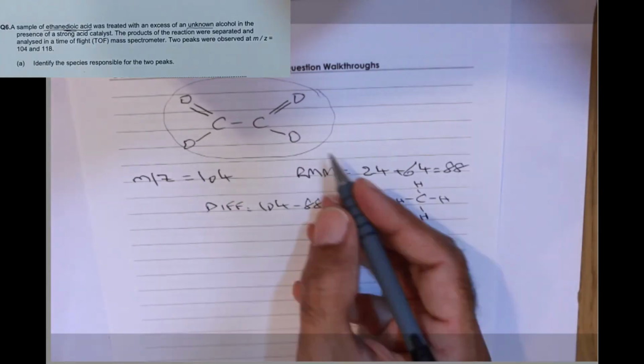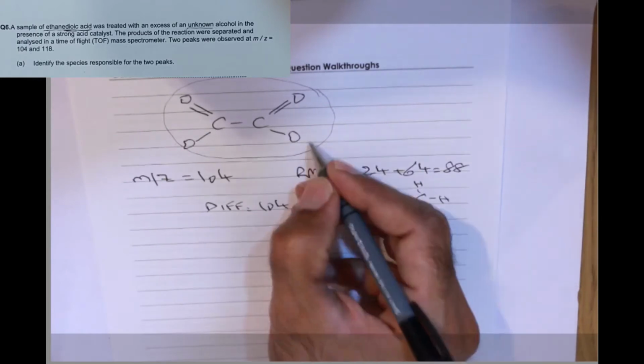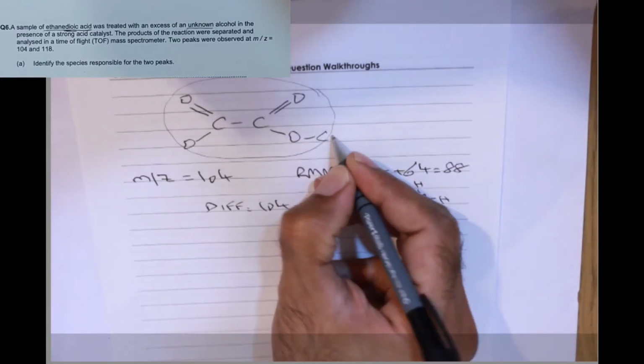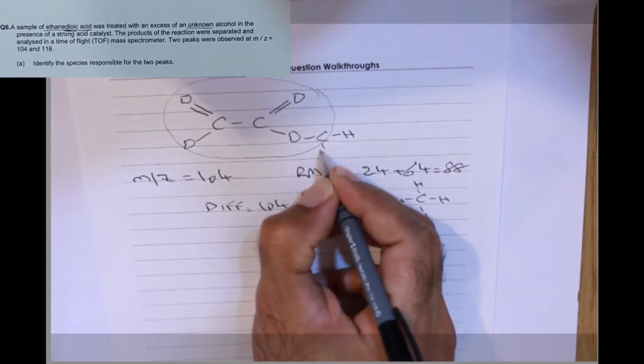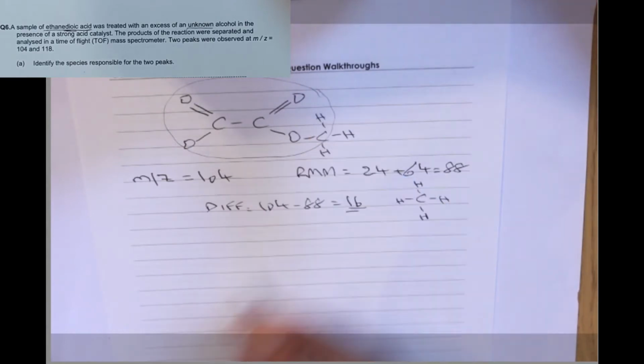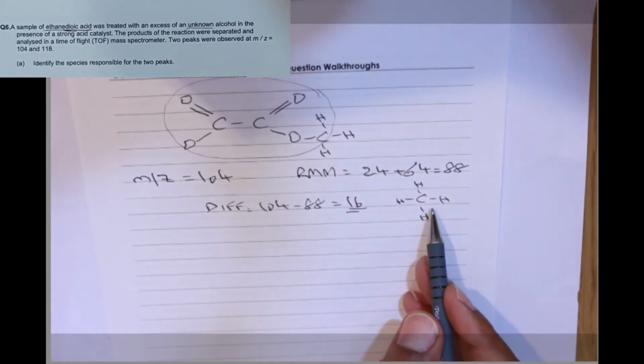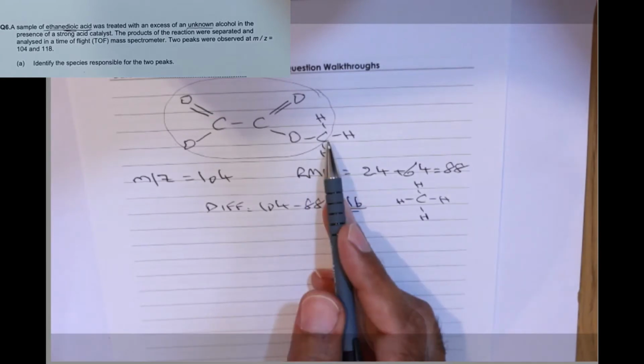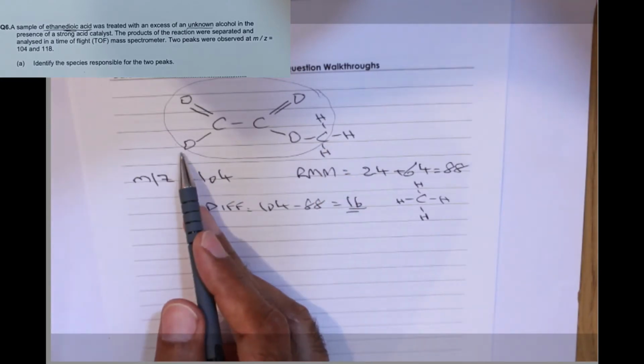So that means I'm going to have CH3. But then again, it's not going to be 16. This is now 15, so I still need to add the other one. And then you realize, hold on a second, the only way I can have an extra hydrogen is if I put a hydrogen here, nowhere else.